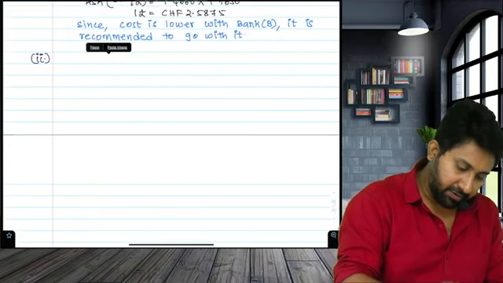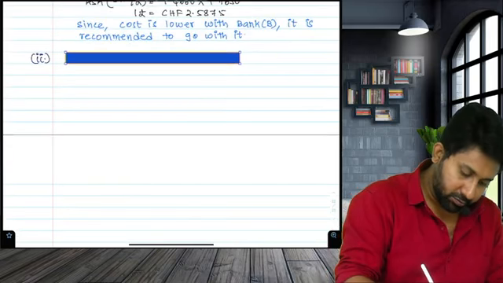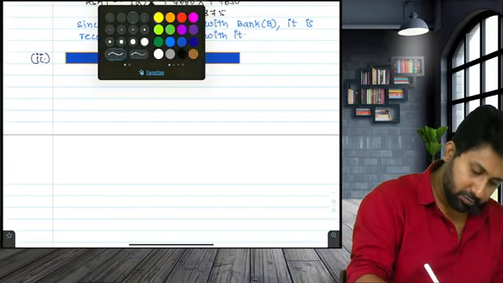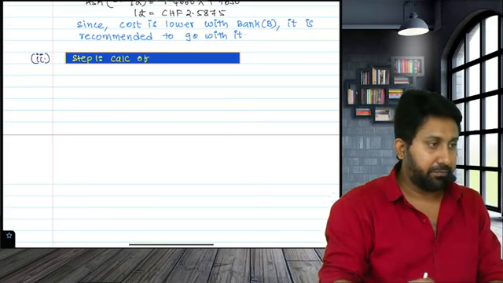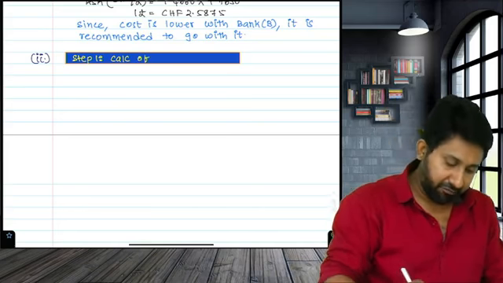Write down step by step, let us do. Step 1, calculation of forward rates. So first we require forward rate for the first one, forward rate for the second one.